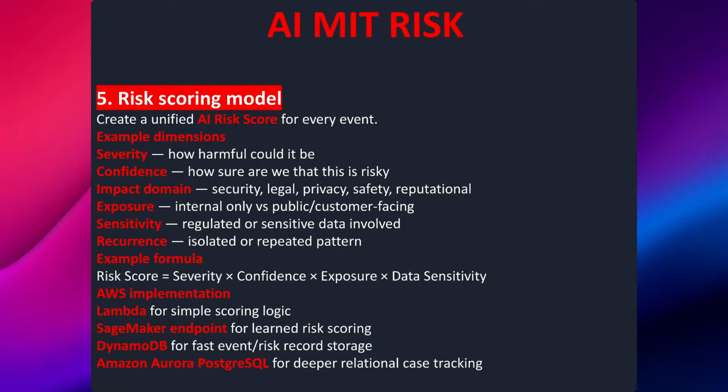Their example formula is risk score equals severity times confidence times exposure times data sensitivity. They're using Lambda and a SageMaker endpoint to learn this risk score, and DynamoDB as a database for deeper relationships. Go ahead and chime in on that.